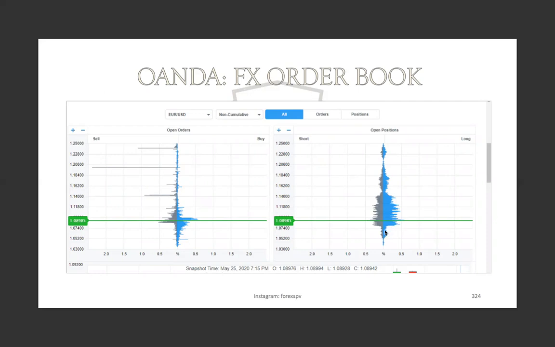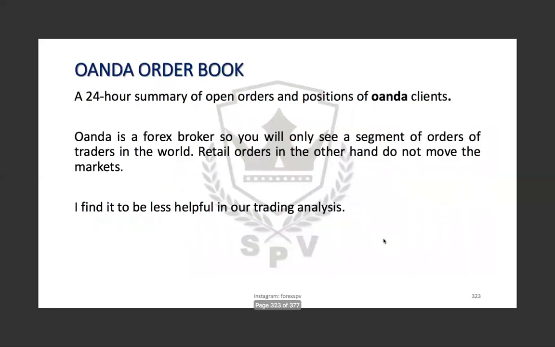So if a pattern is formed for going long, but you see that there are a lot of sell stops down here, market makers can go and trade those sell stops and continue with the buy. That's the only thing that I think the Rwanda order book can give us.